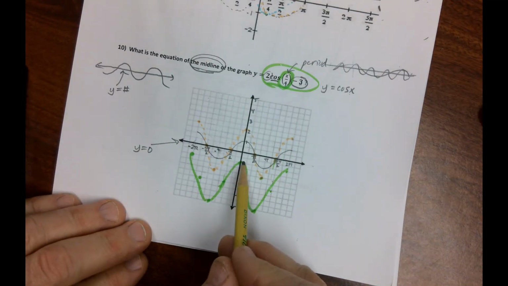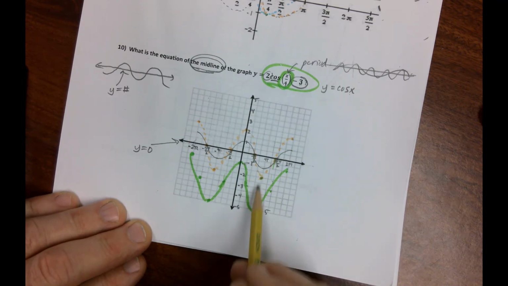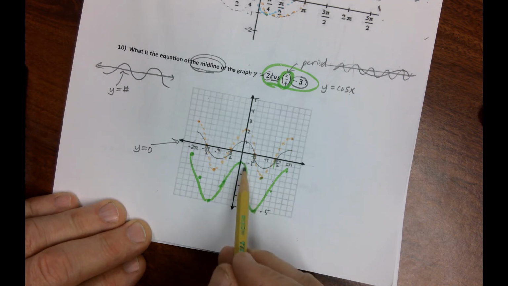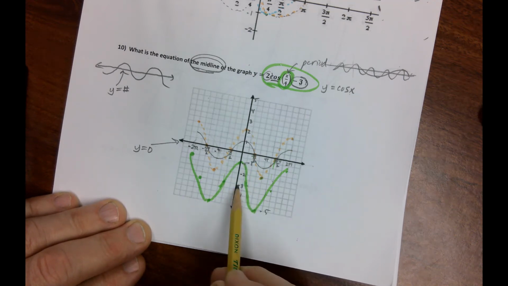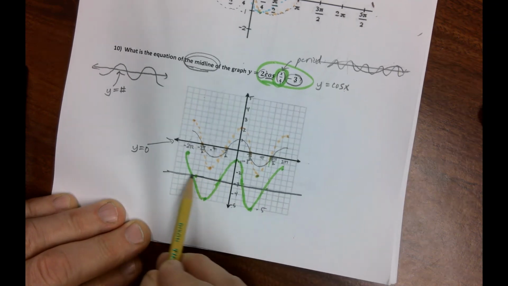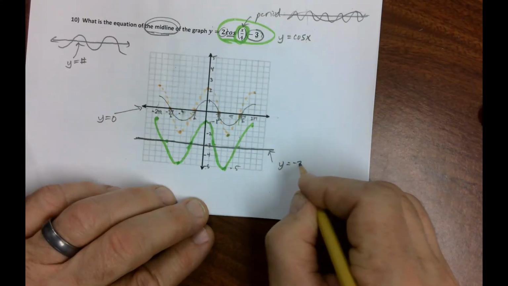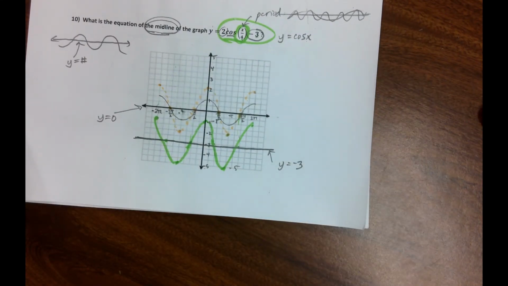Well, if this is down -1 and this is down -5, there are 4 units in between here. So if I go down 2 from there or up 2 from here, that's going to be the midline right there. So what's its name? Y equals -3. So that problem took a while.